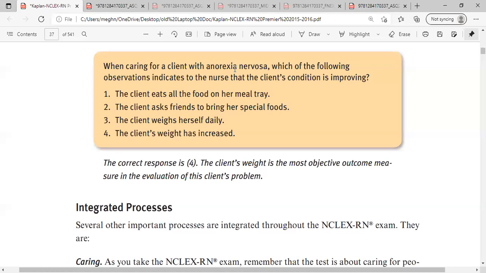It is characterized by an obsessive desire to lose weight by refusing to eat. But when patients are under treatment and eat enough, their body weight increases. So if the client's body weight has increased, it indicates your patient is going to be okay. The client weight is the most objective outcome measure in evaluating a client problem. So evaluation is the last step of the nursing process.